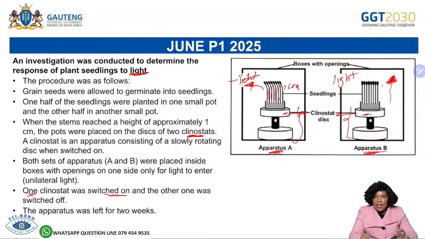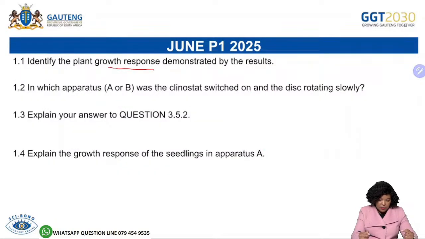You assume that they were receiving light from different sides because it was rotating, because they are not bending towards any source of light. So they were able to get light evenly. That even growth is brought about by what? By a rotating clinostat. Let's see if we are correct. Right. Go.